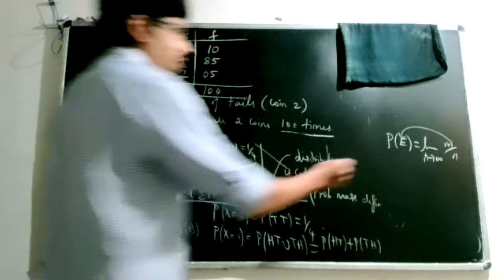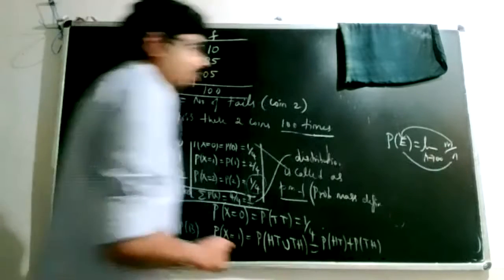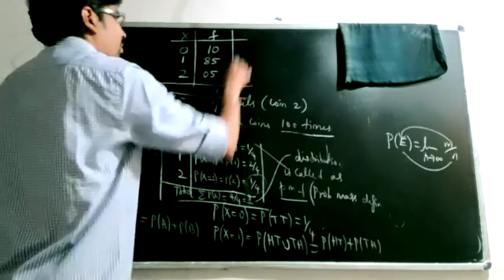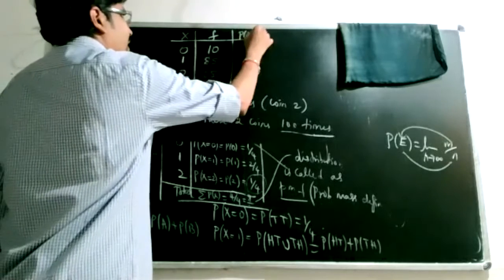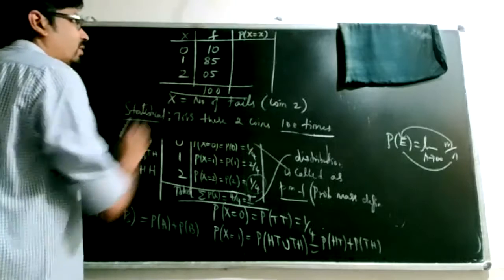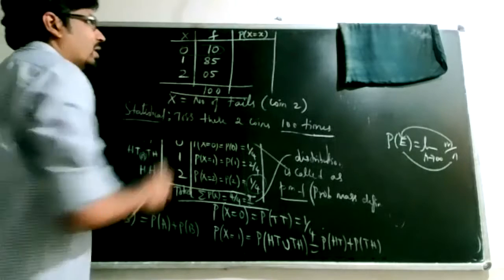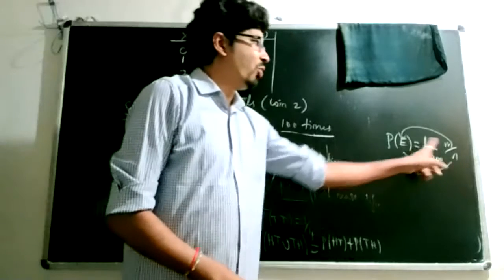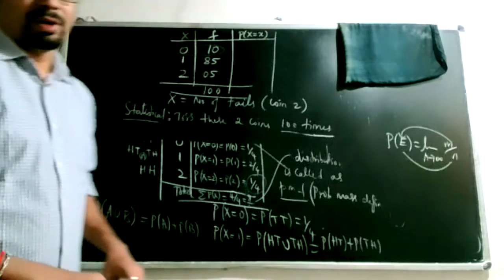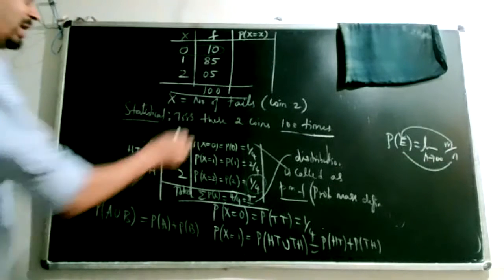Now if you want a particular probability, the probability is just the ratio m by n. Now what is the probability that my x is taking the value x? So what is the probability of x is equal to 0? The definition says how many times you have observed 0 divided by how many times you have conducted the experiment.